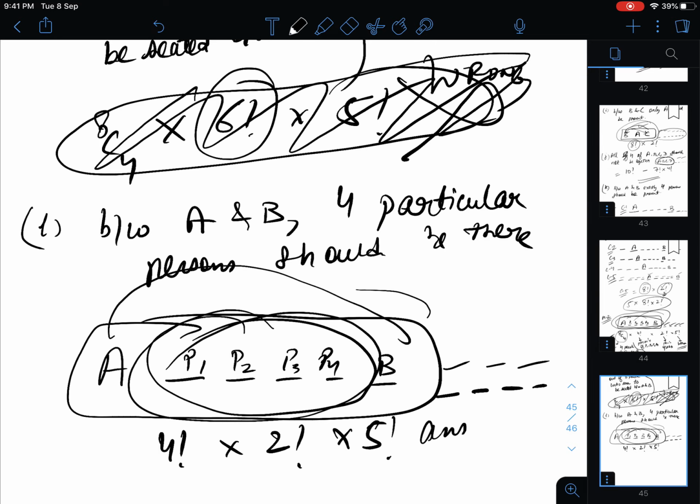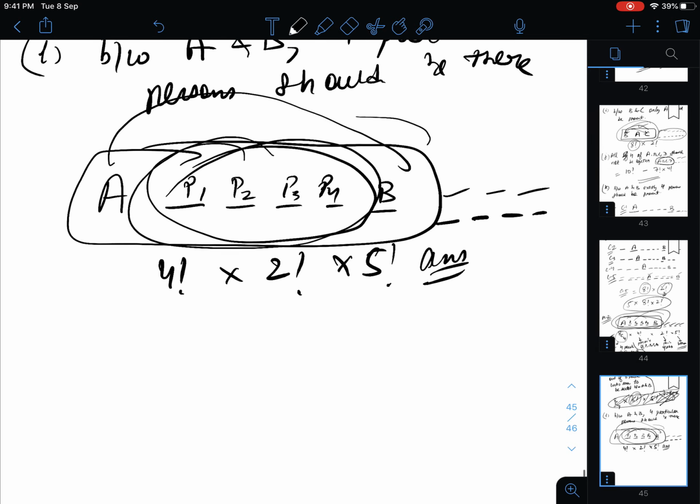This is your answer. So the only difference between this and the last part is that you don't have any scope for the choice of the 4 persons that will be included between A and B. Okay, so that's all for today, and I'll continue in the next lecture.